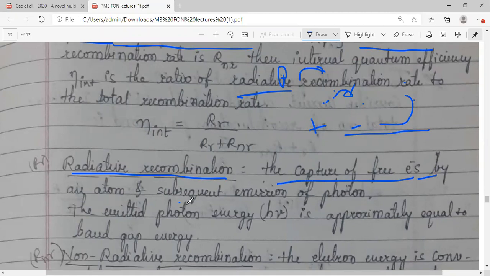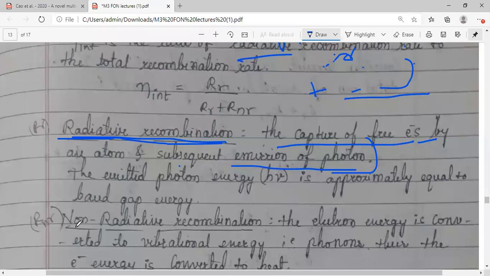That is why we use an LED: because of the recombination process, light is emitted. Due to the recombination process, photons are emitted. That is called radiative recombination.